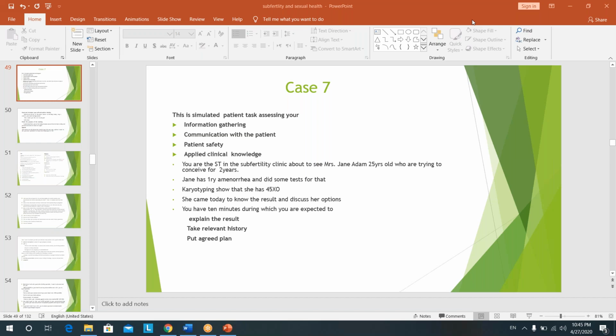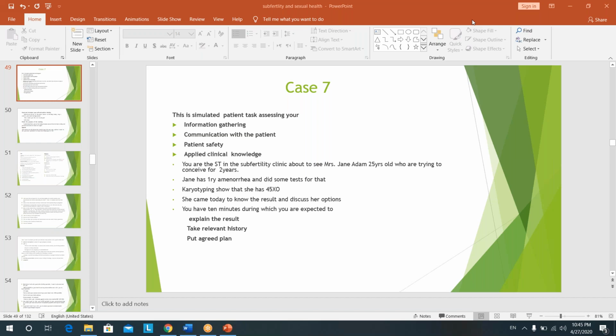Normally we have 46 XX, but in your case one X chromosome is missing. So I am not a woman? You are a woman, of course you are a woman. So I have one missing chromosome? Yes, one X is missing.